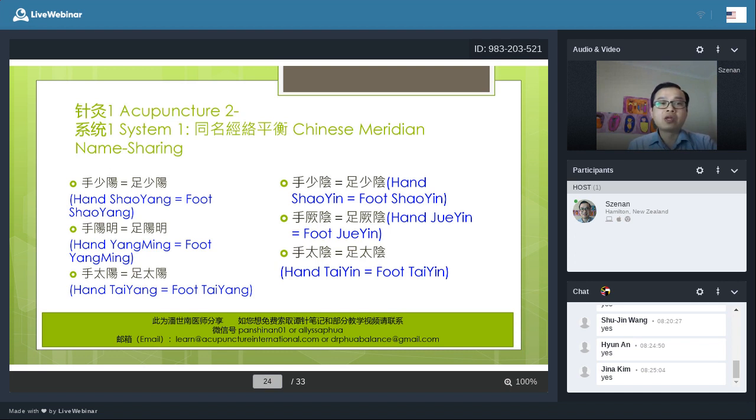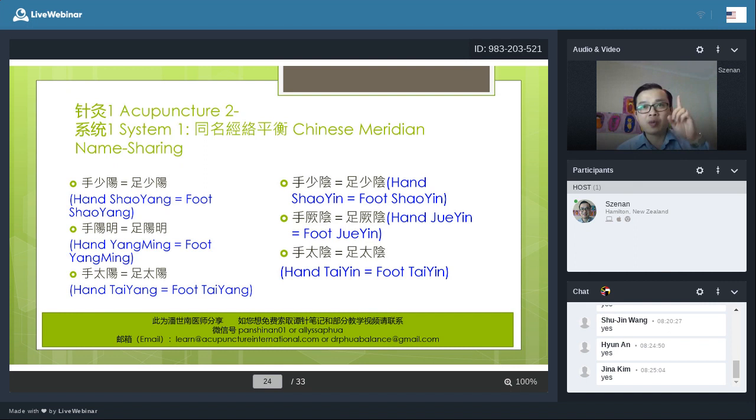Now, we use yang to treat yang, right? Shao yang to treat shao yang. Tai yang to treat tai yang. Shao yin to treat shao yin. Tai yin to treat tai yin. Jue yin to treat jue yin. We change the foot and hand.